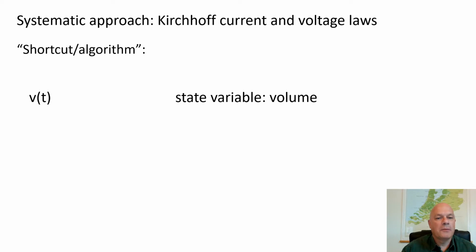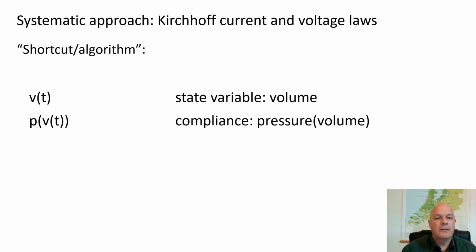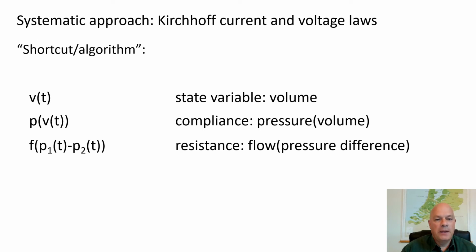I usually start with volume. Compartment volume or compliance volume is almost always a state variable. Then I compute the different pressures as a function of volume. Based on the pressures, we can compute flow over resistances. And sometimes you have parallel resistances, so it then becomes a bit more complicated.